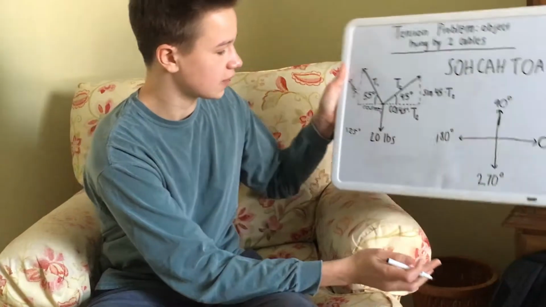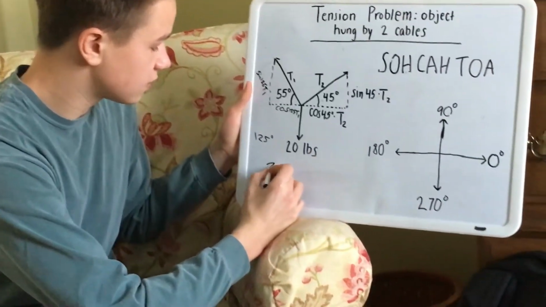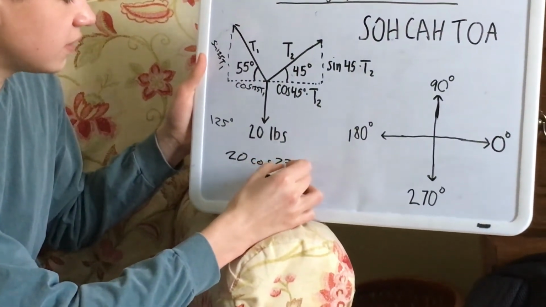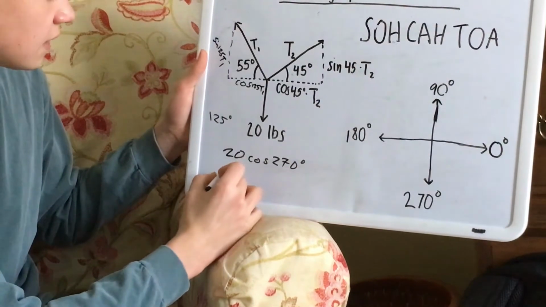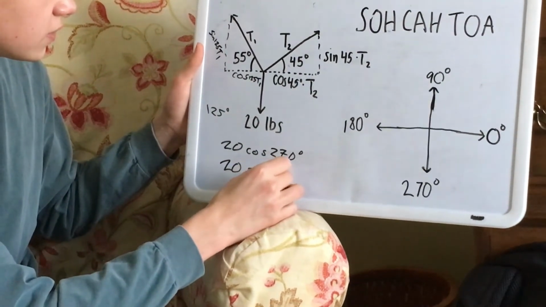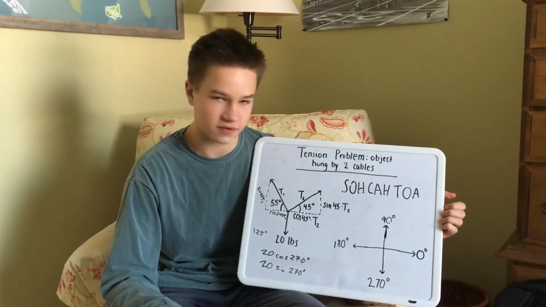So now, as you can see, there's 20 pounds pulling down, so the 2 equations we'll be using are 20 times the cosine of 270 degrees for one, and the other will be 20 times the sine of 270 degrees.